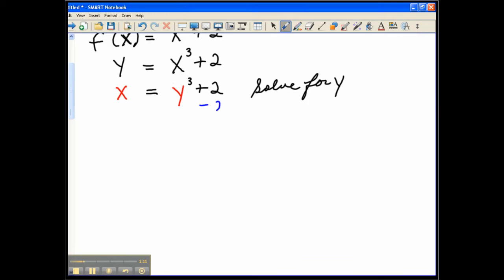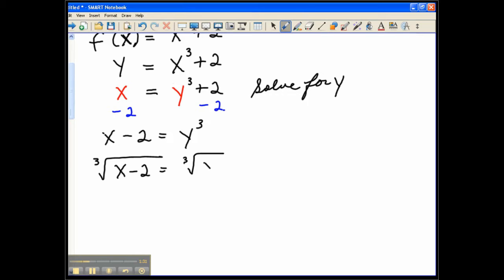So first, subtract 2 from both sides of the equation. X minus 2 equals y to the third. Now to undo a variable to a third power, we're going to have to take the cubed root. So we'll have the cubed root of x minus 2 equals the cubed root of y to the third.